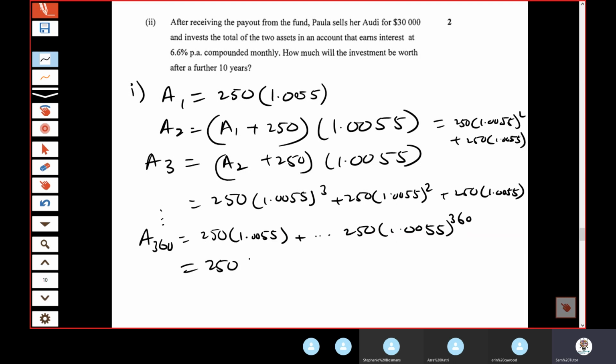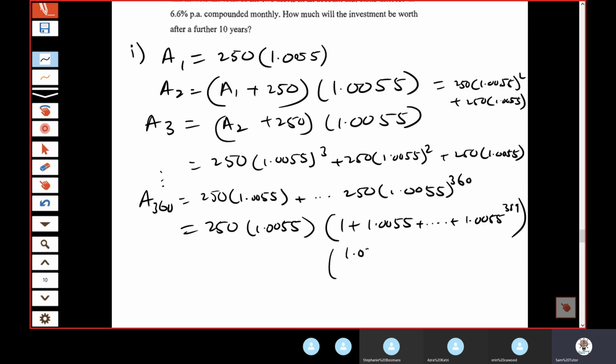So 250 times 1.0055, open bracket, 1 plus r, plus 1 less. Why is it 1 less? Because you just took 1 out, right? A r to the n minus 1 over r minus 1.